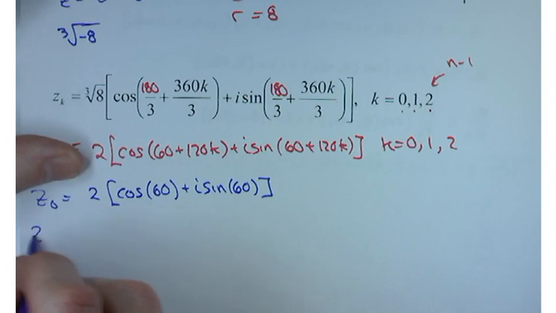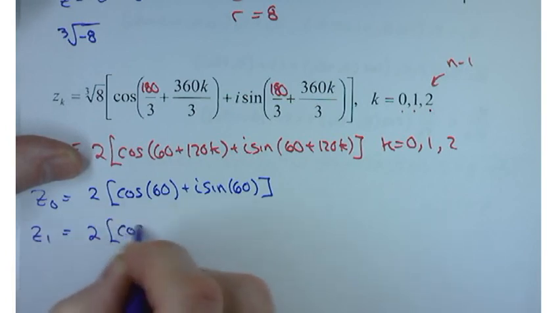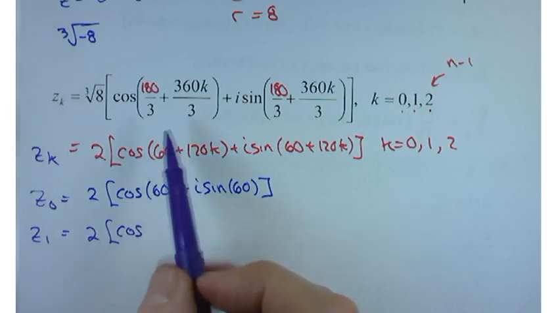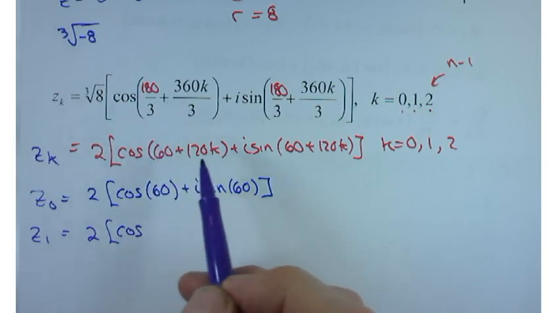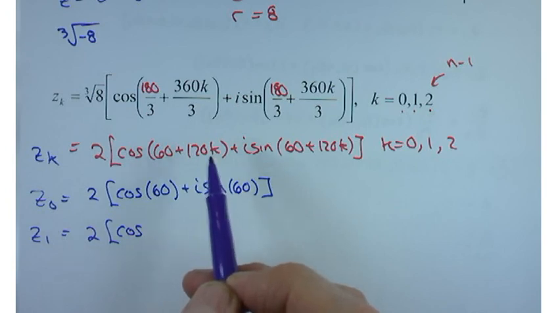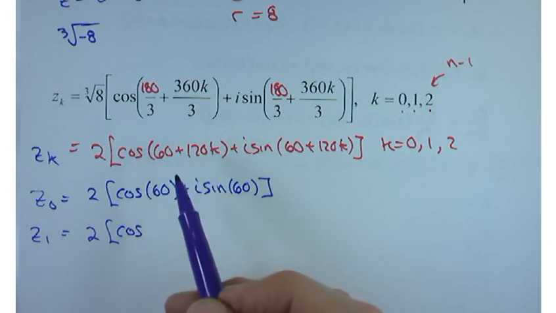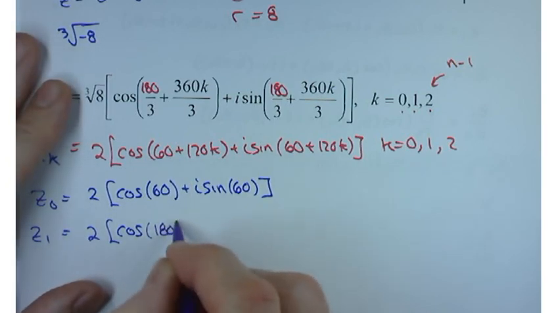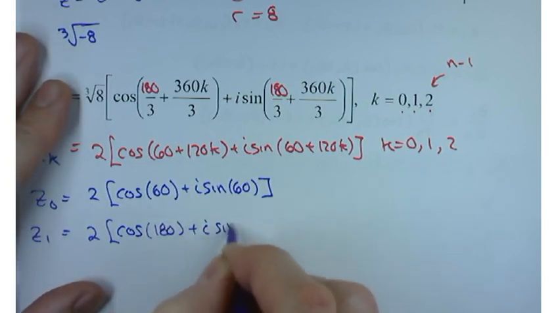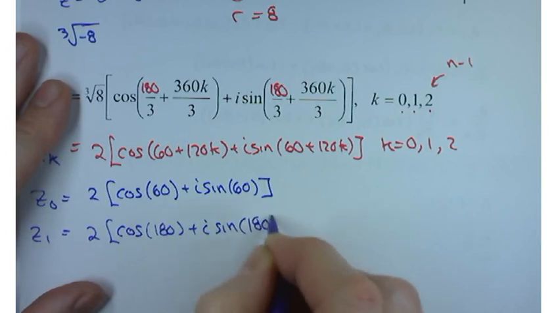Let's leave that there for a minute. Let's go up to z sub 1. Again, it's going to be 2 times the cosine of what? Let's figure it out in this case. If I put in a 1 here for k, what angle am I going to get? 180. So cosine of 180 plus i times the sine of 180.